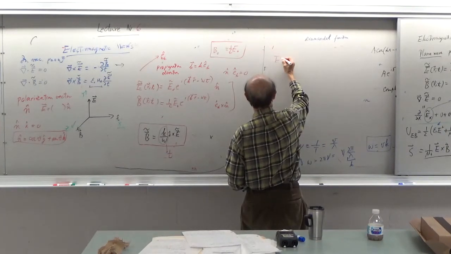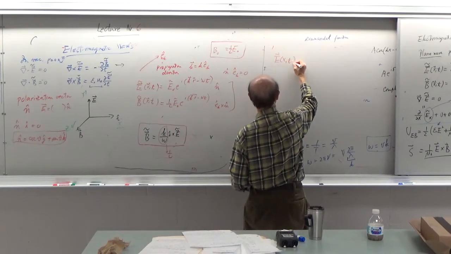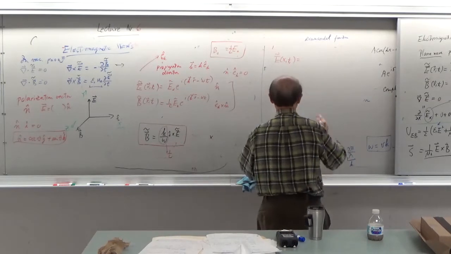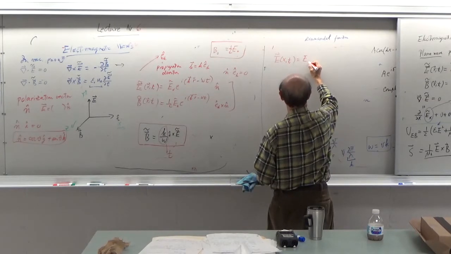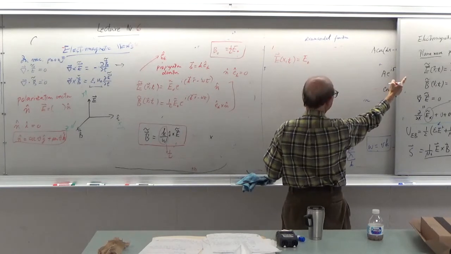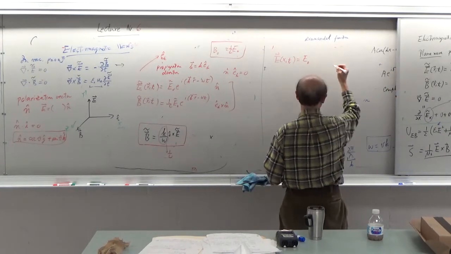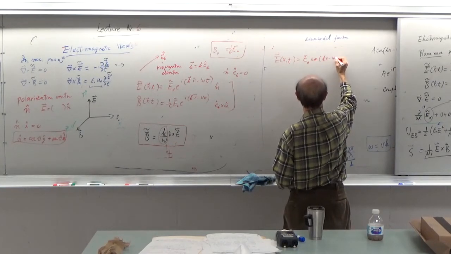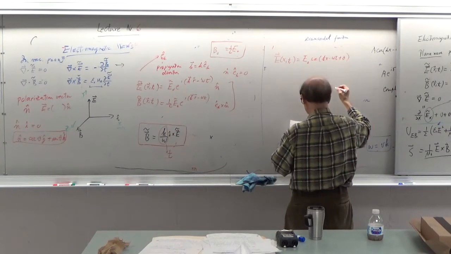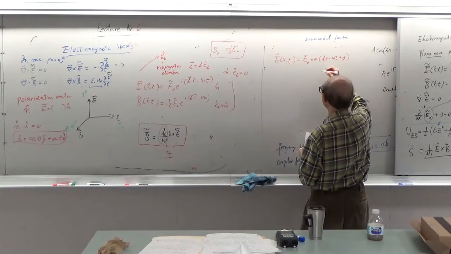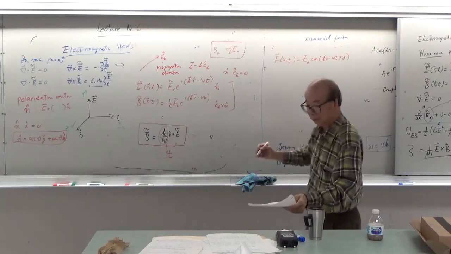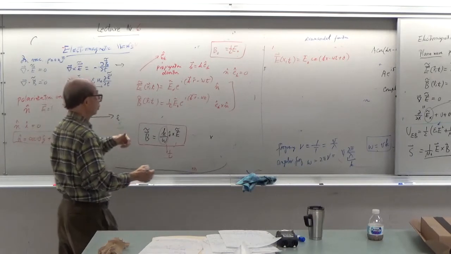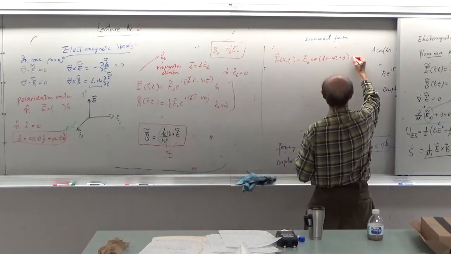So E of x and t traveling along the x direction has the amplitude E naught. Go back to the sinusoidal waveform, cosine of kx minus omega t plus delta. Let's say that in fact it is along the y direction. Direction of propagation just is along the y direction. Let's take that. So this is j hat.